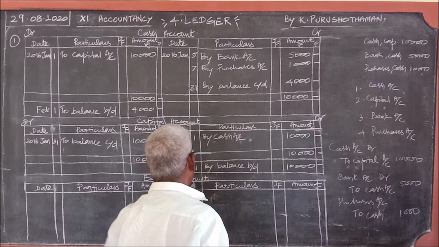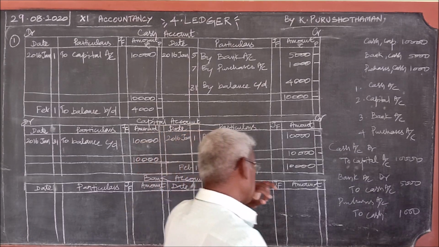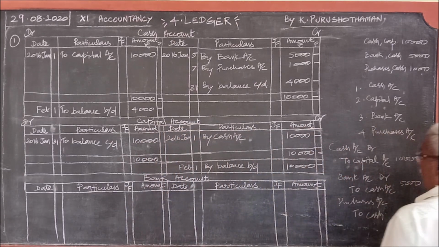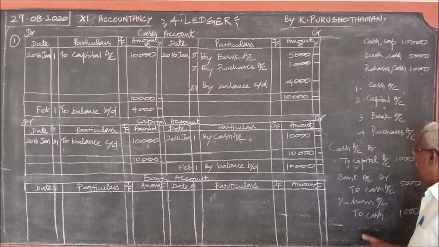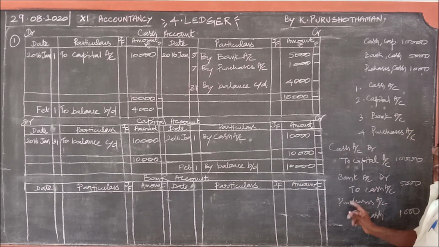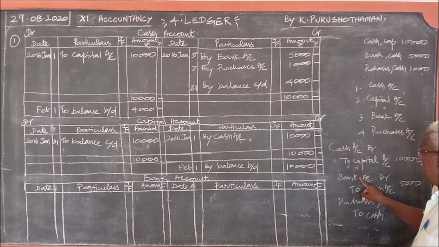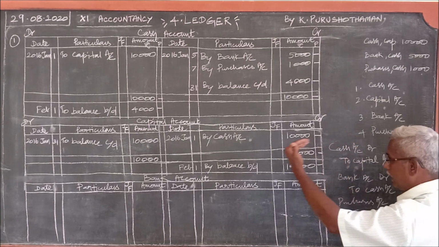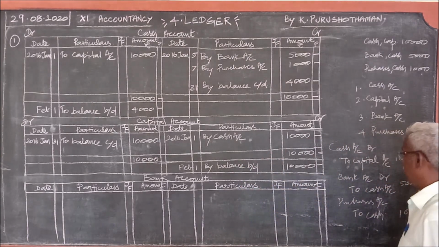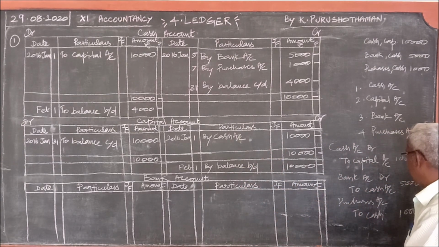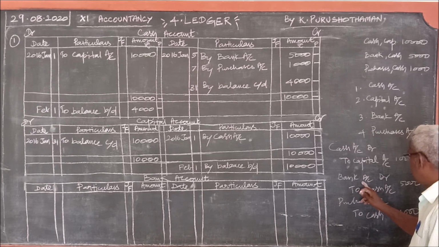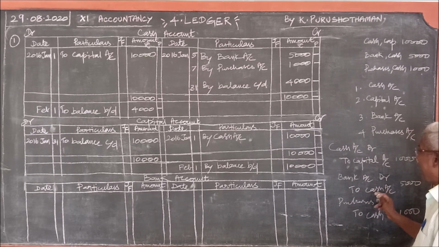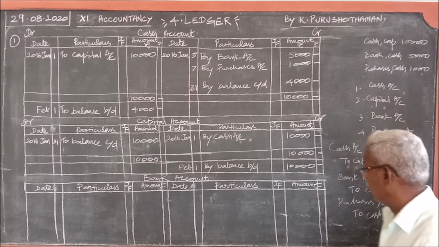Now we are passing to the bank account ledger. Where does the bank account lie? In the first line, that is, on the debit side. So the entry should be made there on the debit side. What should be written there? What is coming along with this bank account? Cash is coming along with it.